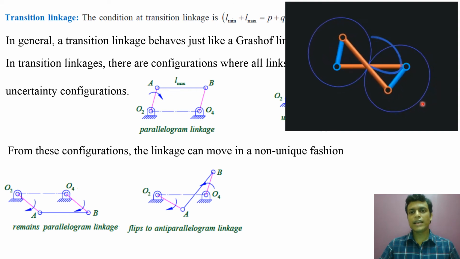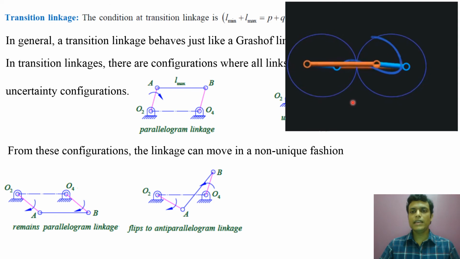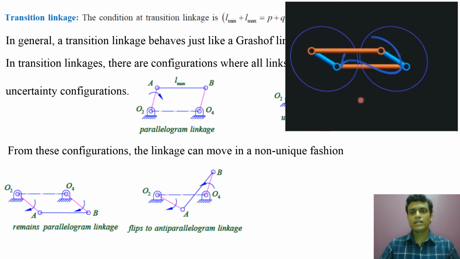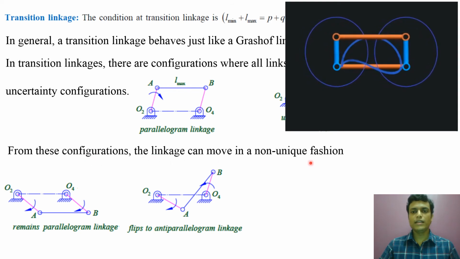So this cannot be predicted by the kinematics. This depends on the inertia of the links. So this is the motion of the link in non-unique fashion. It may remain a parallelogram linkage or may flip into an anti-parallelogram linkage.